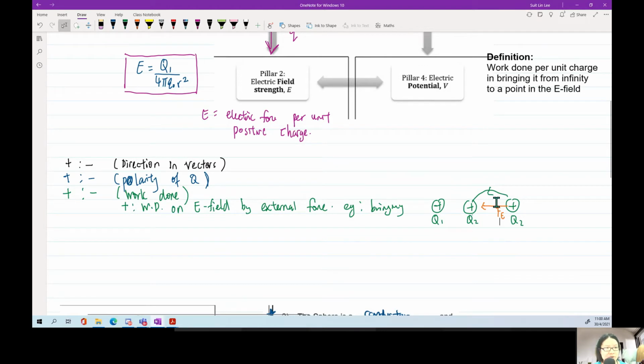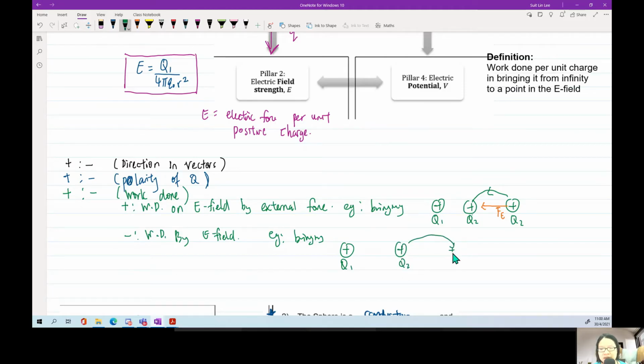Whereas negative, this is also very similar to the gases topic. CIE is consistent in work done. So this is work done by the electric field. For example, we bring this positive charge Q1 and this positive charge Q2 further away. You don't have to do any work.